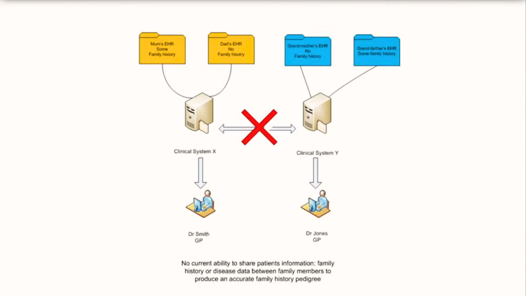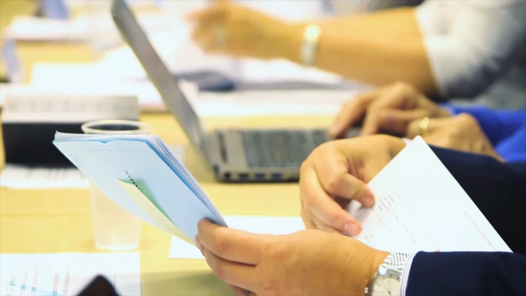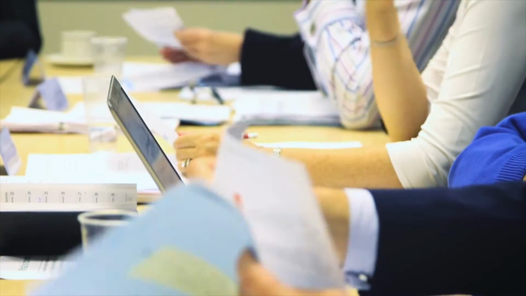And particularly, these systems would then use, rather than family history information, disease-coded information, which is often a lot more accurate within the clinical system.